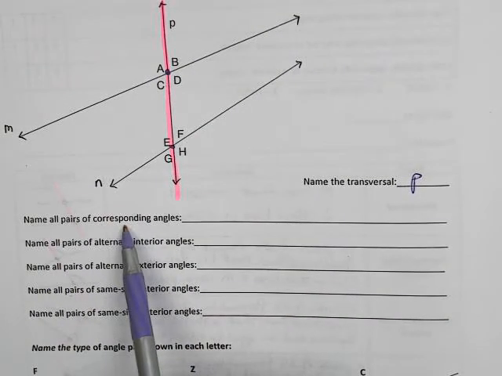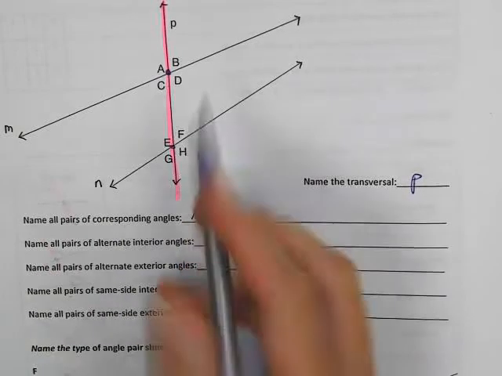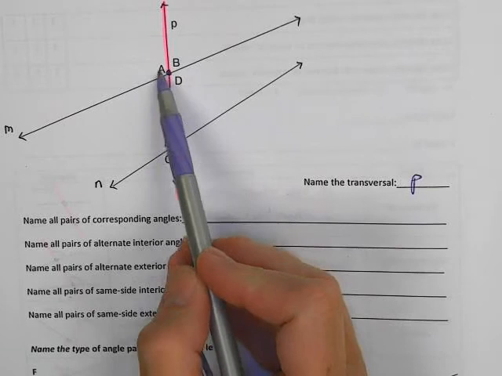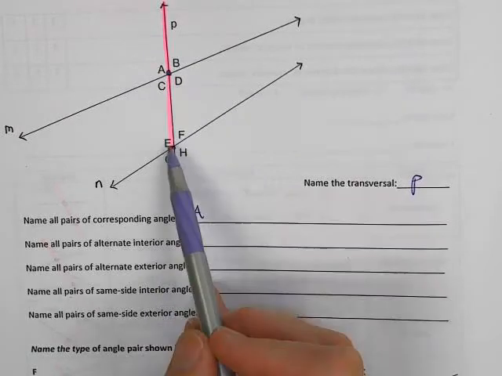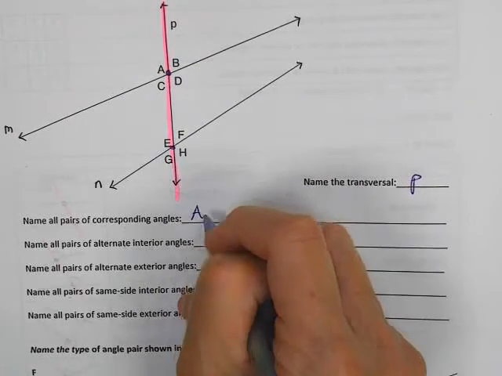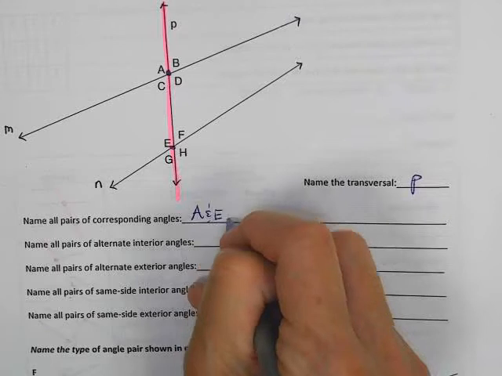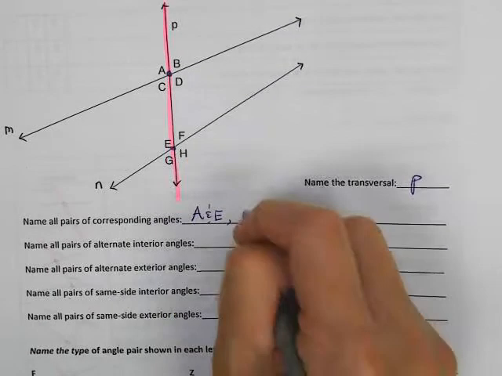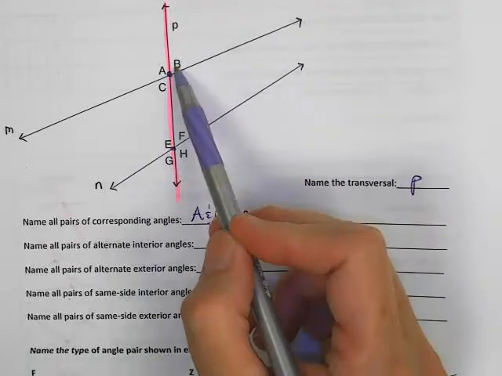Now remember, those are the ones that are in the same position. So if I choose A up at this vertex, A is the top left. So if I pick the top left, I would also be picking E. If I pick B, that's the top right one up here.